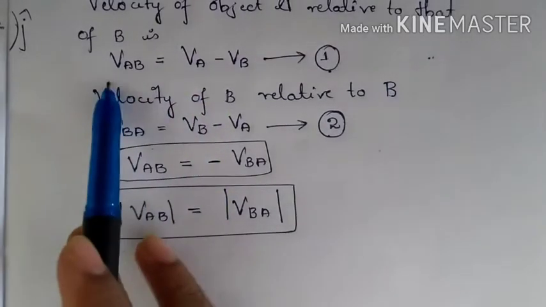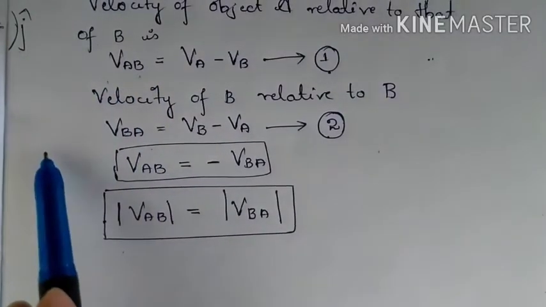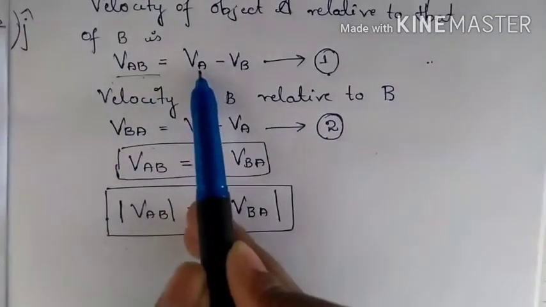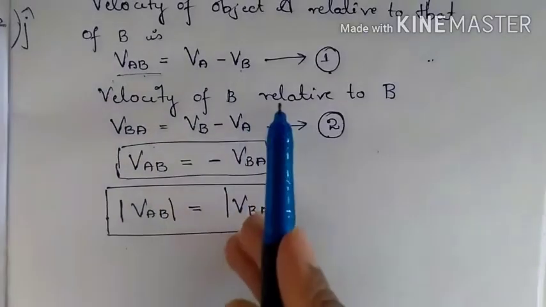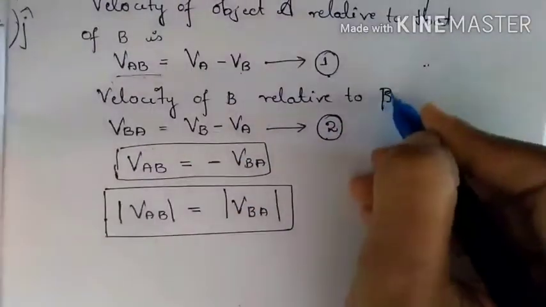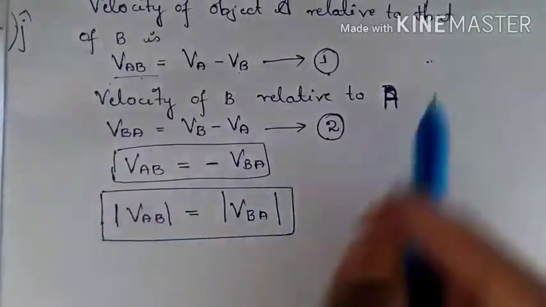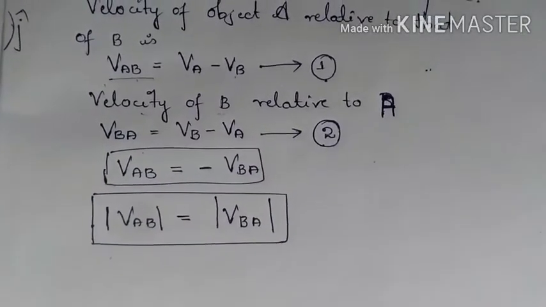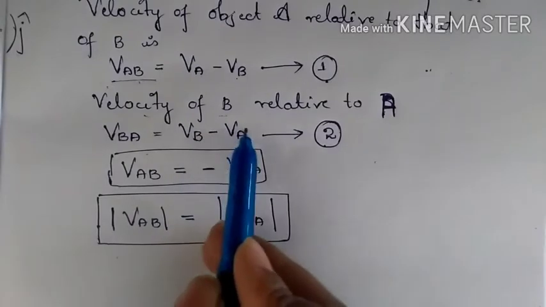If it is asked to write the relative velocity of A with respect to B, you can write VAB equals VA minus VB. And if they ask for the relative velocity of B with respect to A, here I have written B, so it is wrong. I have to write that the relative velocity of B with respect to A is VBA equals VB minus VA.